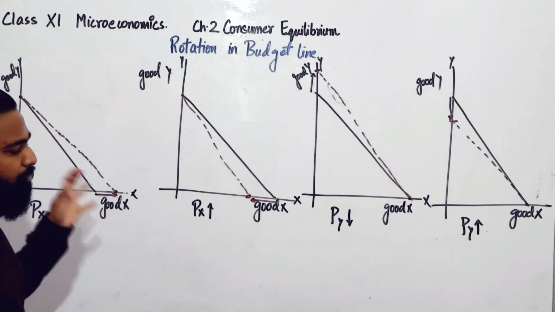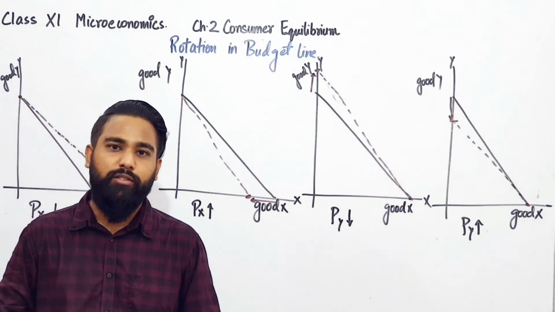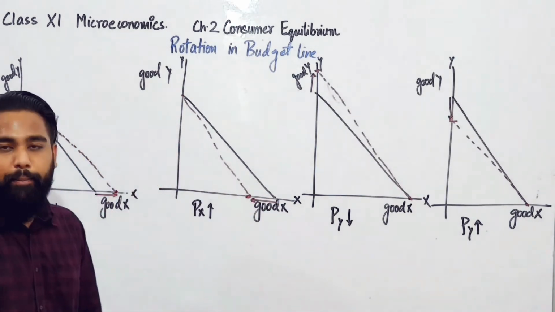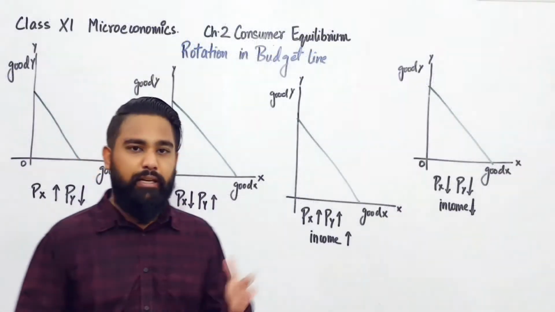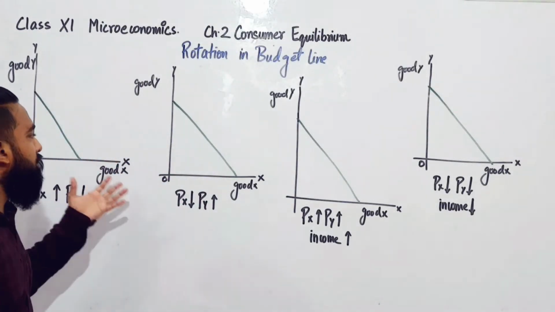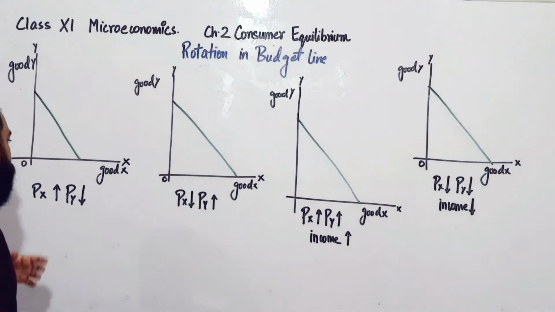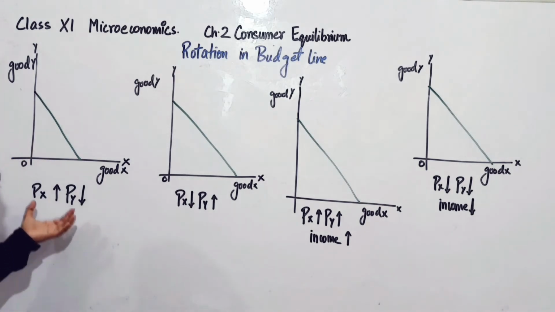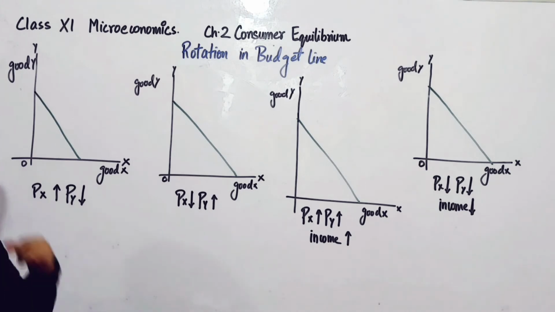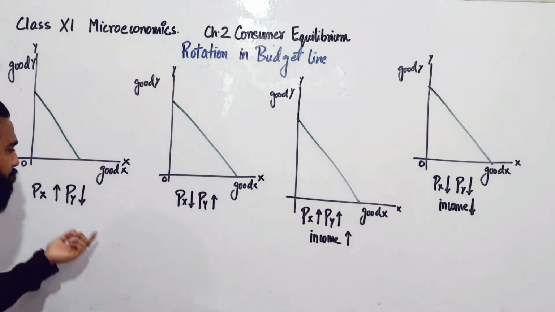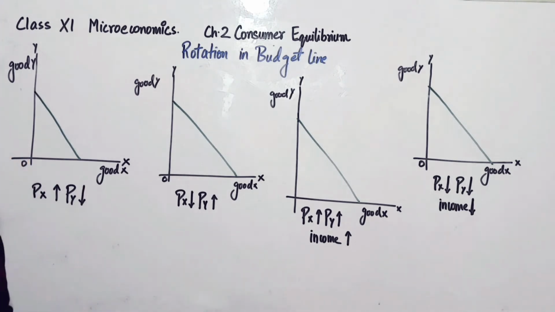Now let's come to the remaining 4 cases of rotation in the budget line. Friends, let's do the remaining conditions. The first of the remaining 4 is when the price of good X increases but the price of good Y decreases.